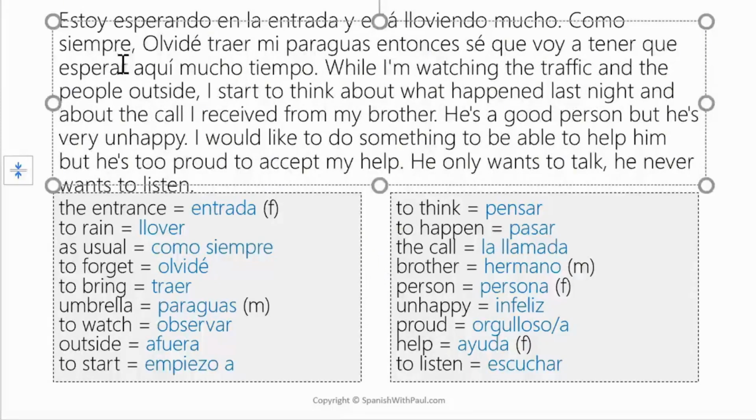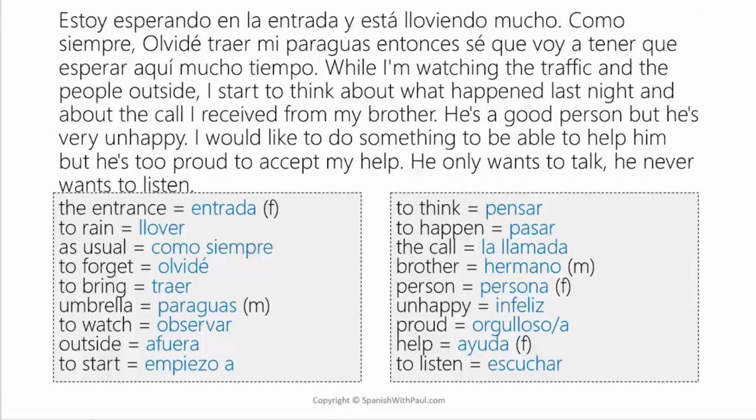The reason is because the verb esperar means to wait, but it also means to wait for. So the for is already included inside the meaning of the verb. So we have olvidé traer mi paraguas, entonces sé que voy a tener que esperar aquí mucho tiempo.